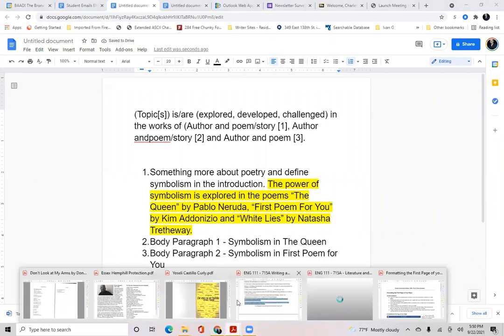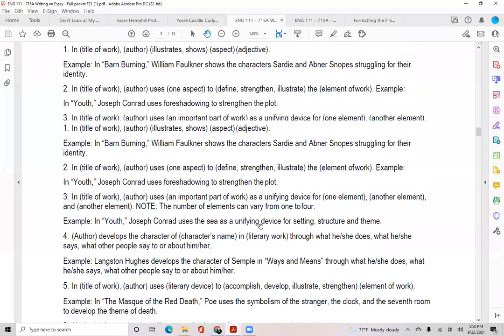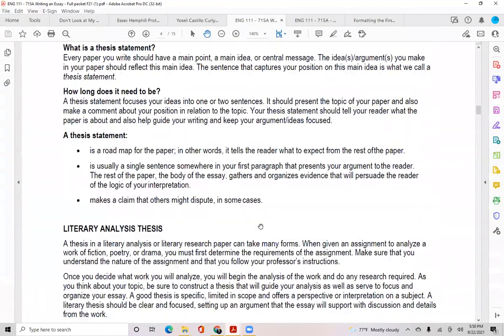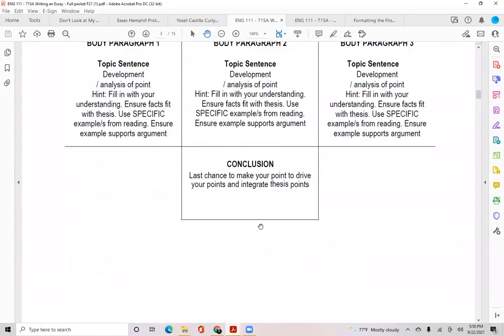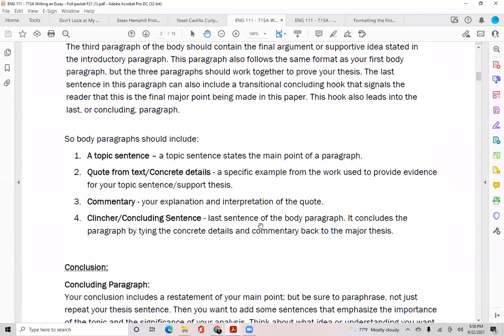So in terms of going back to the handout, I want to go back to the section where it talks about the body paragraph. And here, a body paragraph should include these 4 components.